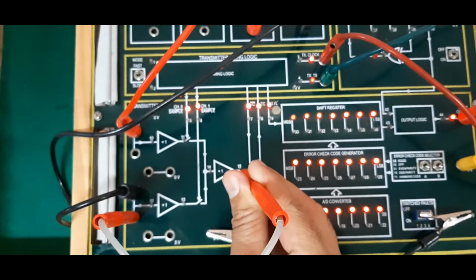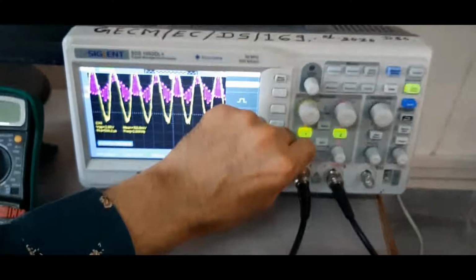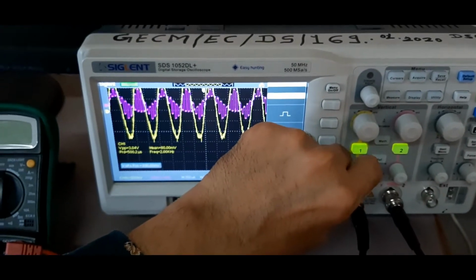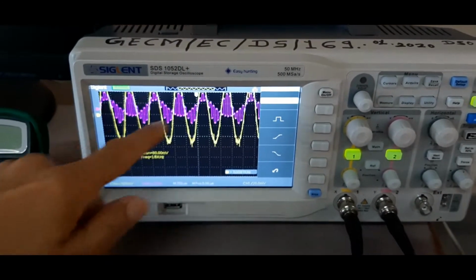And then we can see that there are samples from the 2 kilohertz source.